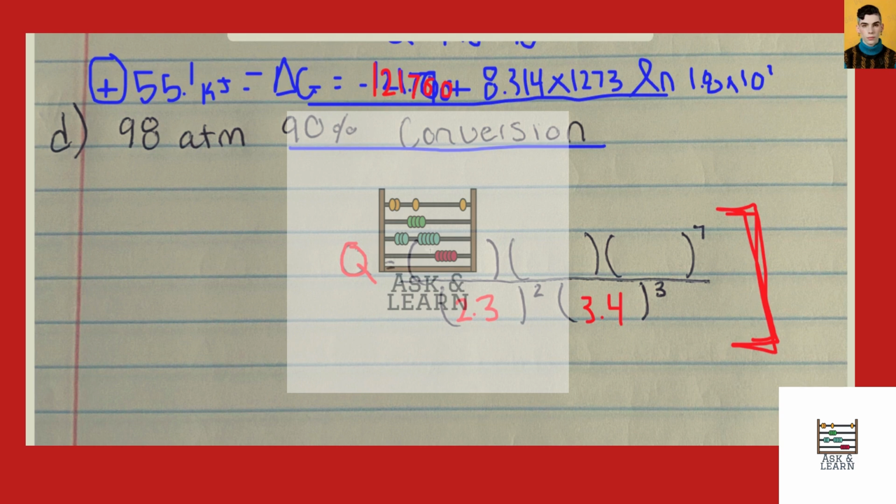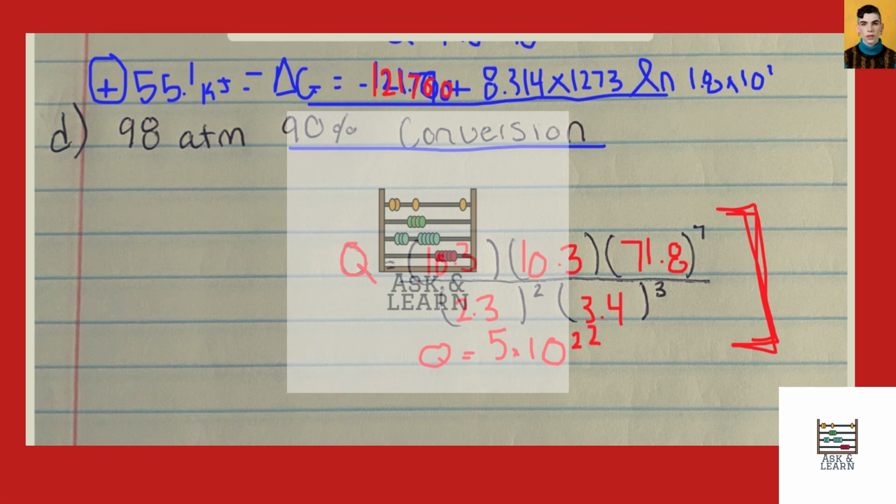And then you're going to have 10.3 here, 10.3, and 71.8 here. Great. If you solve that out, you should get a Q equaling 5 times 10 to the 22nd.